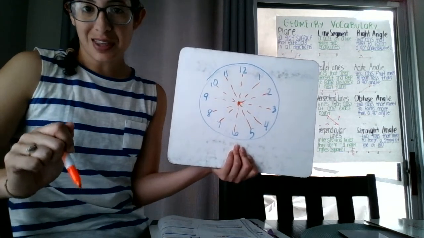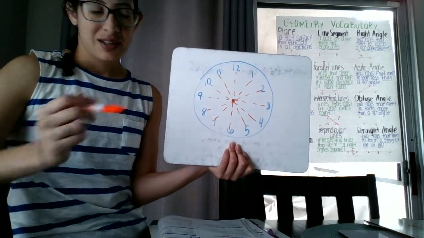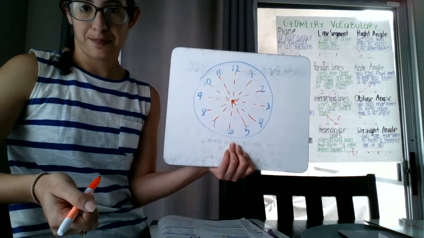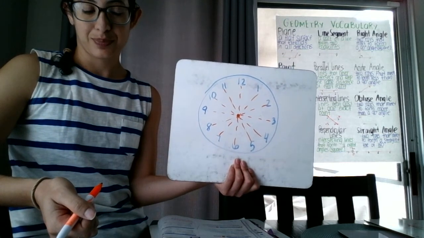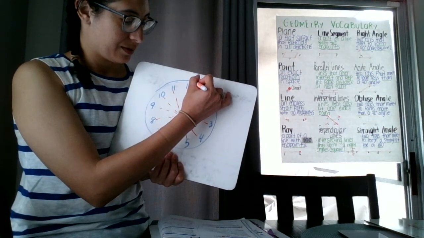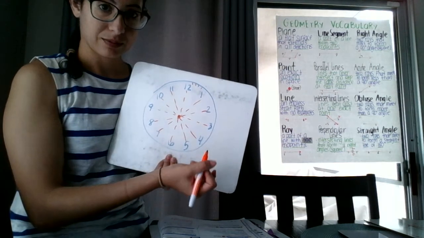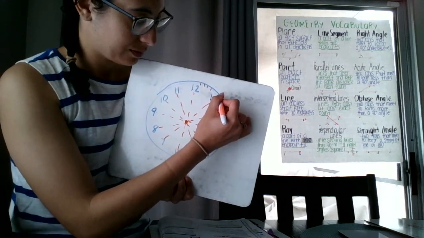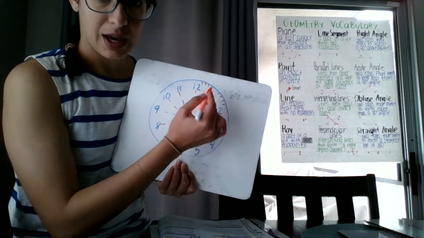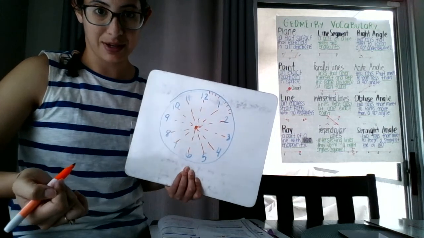But I just said that a clock technically also has 60 parts it could be cut into. Why? Give you a hint if you don't know right now. How many minutes are in a clock? 60 minutes, right?